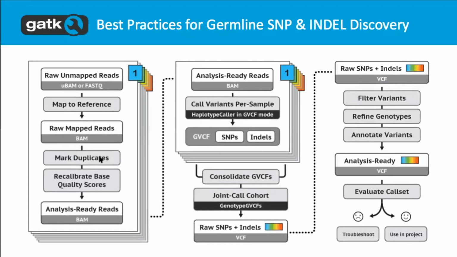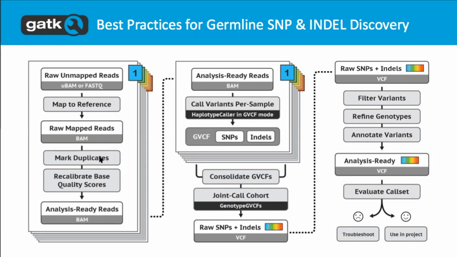And that's my talk. At this point, we've filtered our variants, refined genotypes, and touched briefly on functional annotation. The last thing we need to do is callset evaluation. This is a very complex topic, so we're going to give you some general principles. Dan over here, who's back with us again, is going to give you an overview of general principles in callset evaluation.